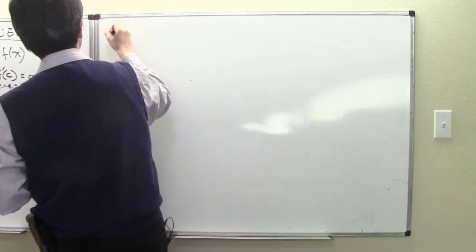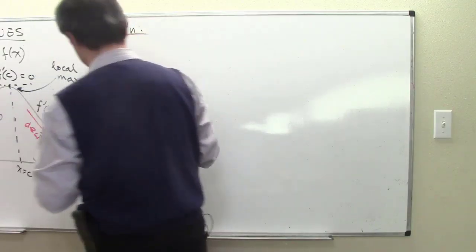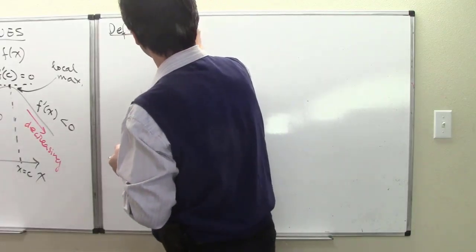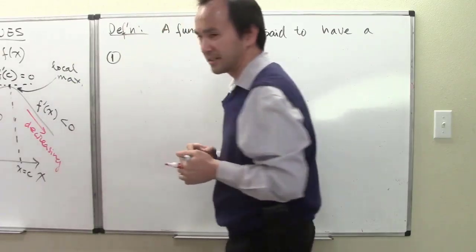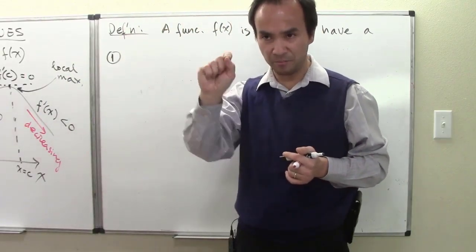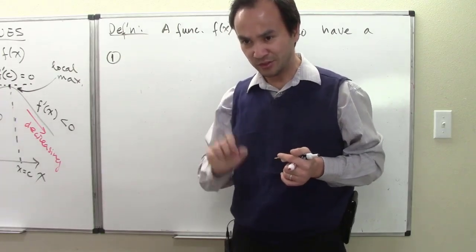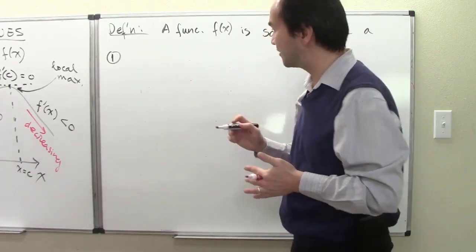Now as a formal definition, and my board space is getting extremely tight, so I may have to write pretty small. Number one, because just now on the board I was using the terms local maximum and local minimum, let's give a formal definition before we can work more formally with that.